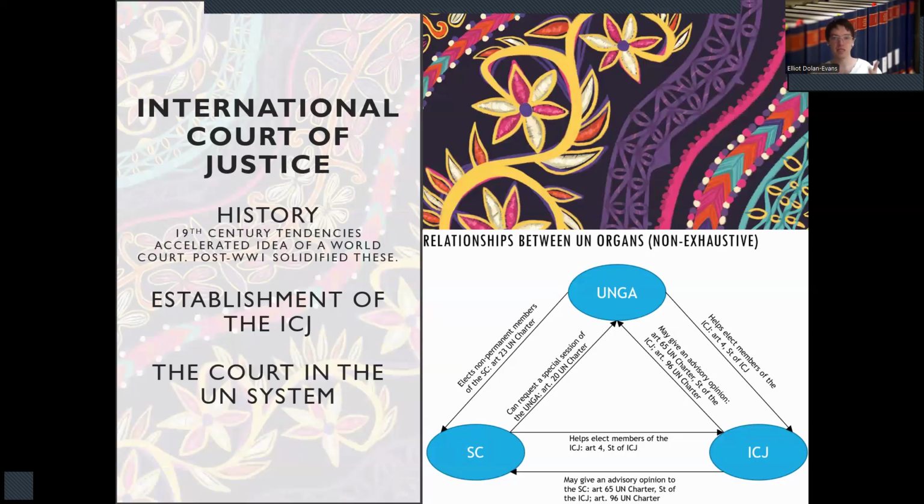And this balancing of judicial caution in the contentious areas and some more judicial activism in the advisory opinions did seem to be a good mix, because the court was relatively accepted by states and also other international institutions. And it enjoyed quite a bit of prestige throughout the 20s and the 30s, which we can't really say for the League of Nations.